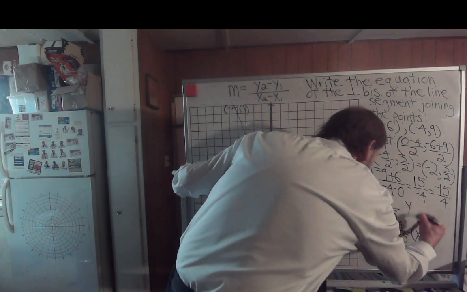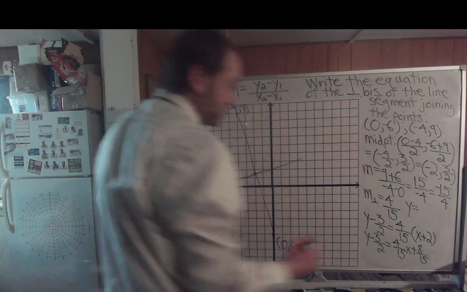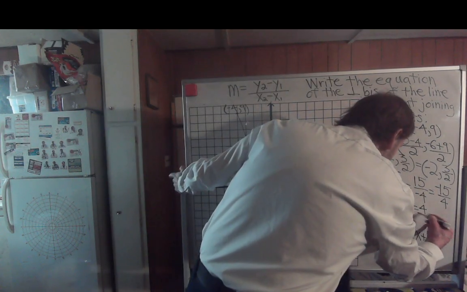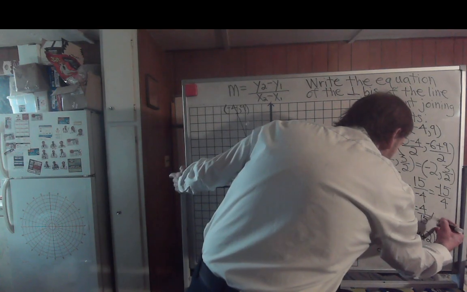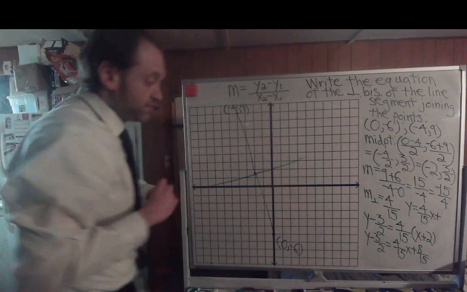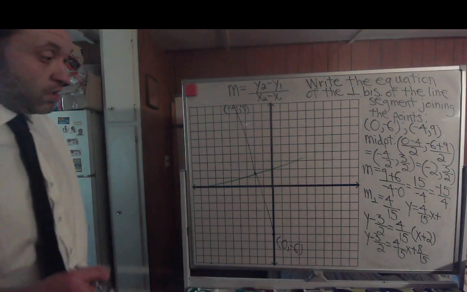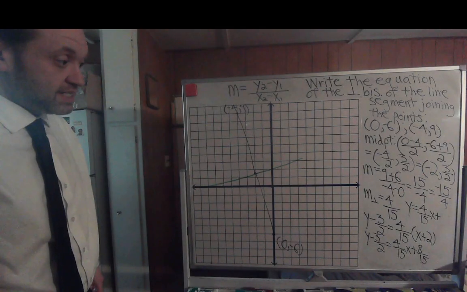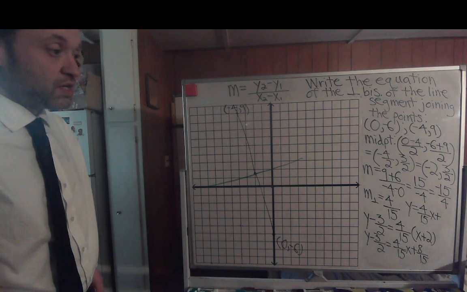So in the end, you're going to have y equals 4/15 x plus, what is 8/15 plus 3/2? Well, let's see. So that would be 16/30 plus 45/30.